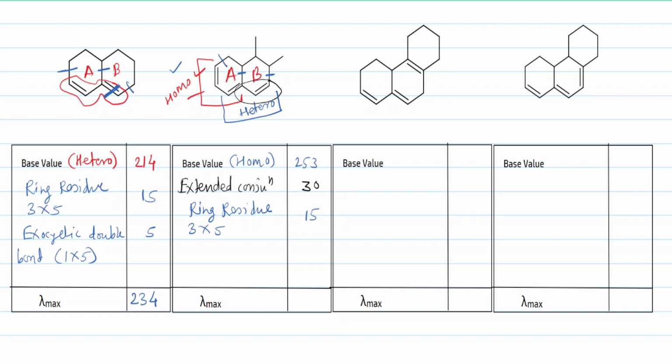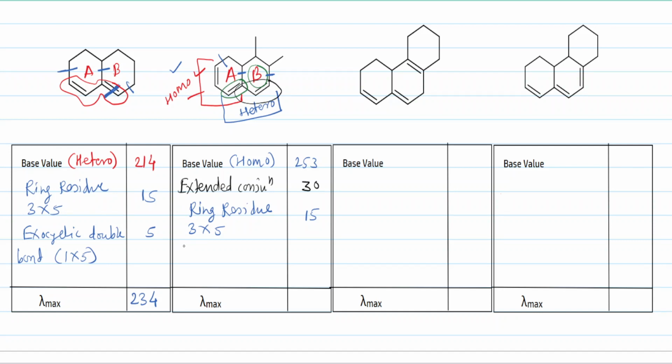Next is the exocyclic double bond. For ring B, this bond is the exocyclic double bond, so one exocyclic double bond, 1 into 5, is equal to 5. Just add them together. Here we get, I think, 303. It is the lambda max for this compound.